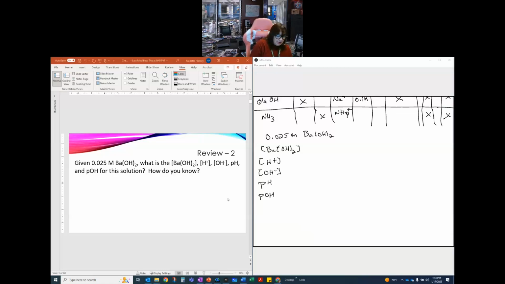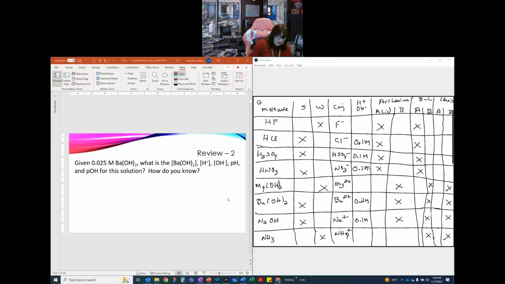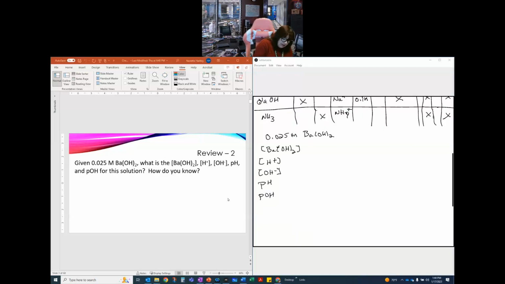Okay, so let's look at Ba(OH)2. And we talked about this a couple of minutes ago. That was a strong base, so it completely dissociates. If it completely dissociates, then there will be no Ba(OH)2 left. Okay, all of that is going to become OH minus, and that OH minus is therefore going to be 0.25 molar.